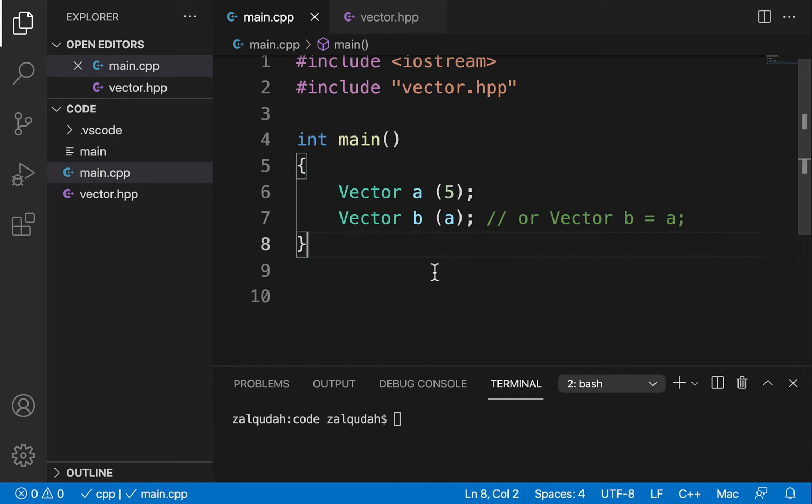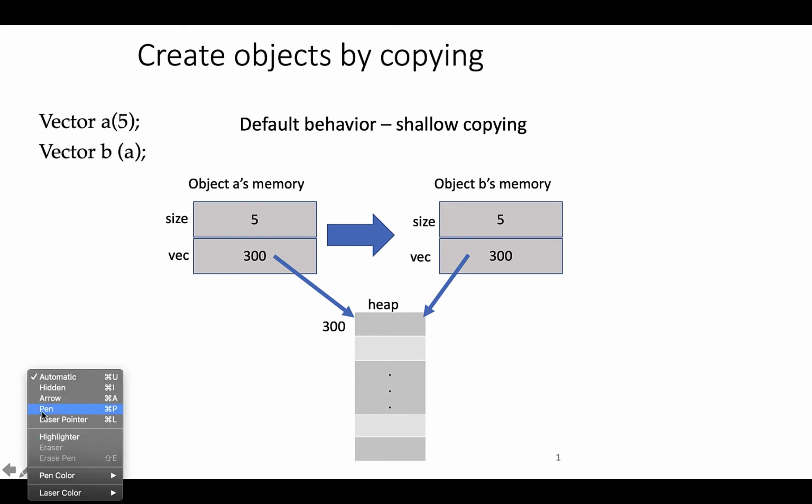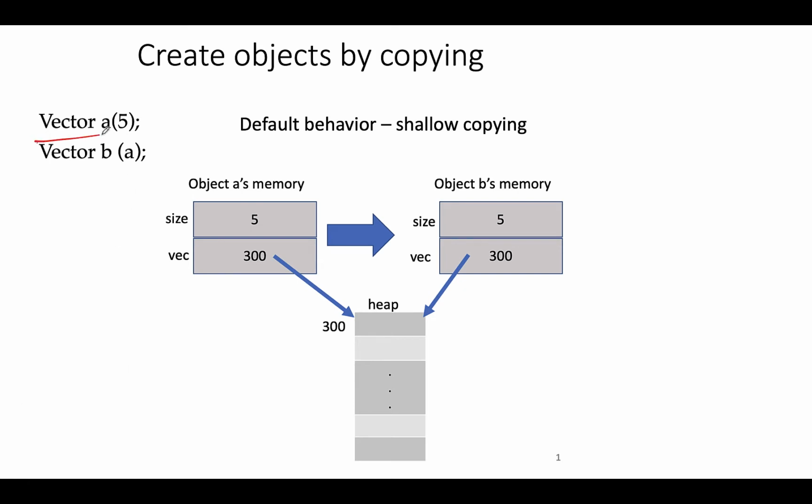And what happens in C++ by default is something that we call shallow copying. So when we first create the first object, A, this is what happens in memory. Size is initialized to 5, and an array is created on the heap, and the address of the first element is assigned to vec.